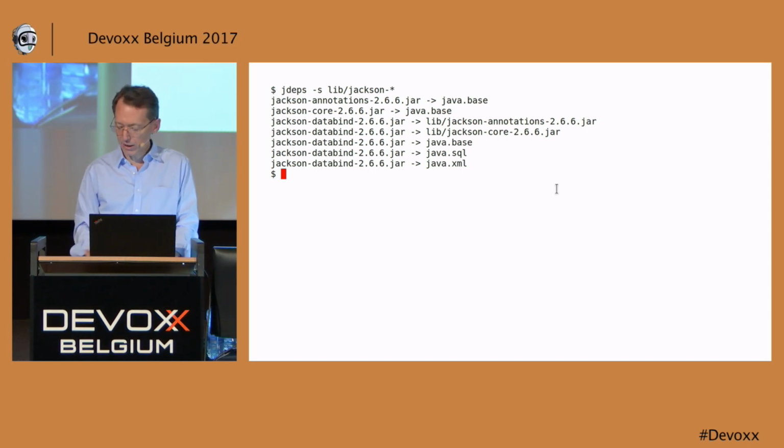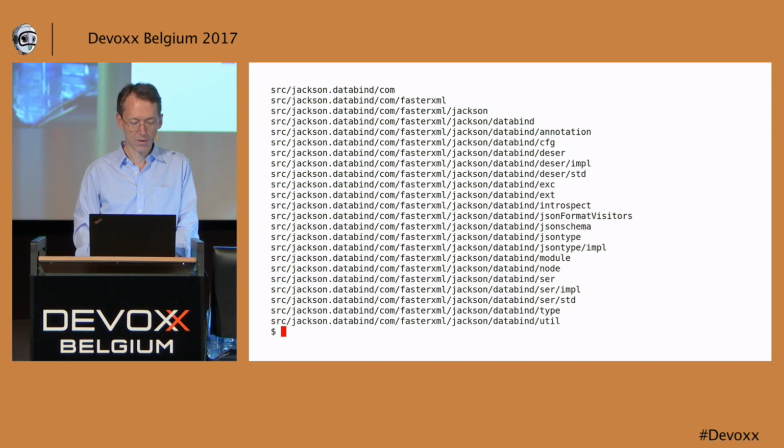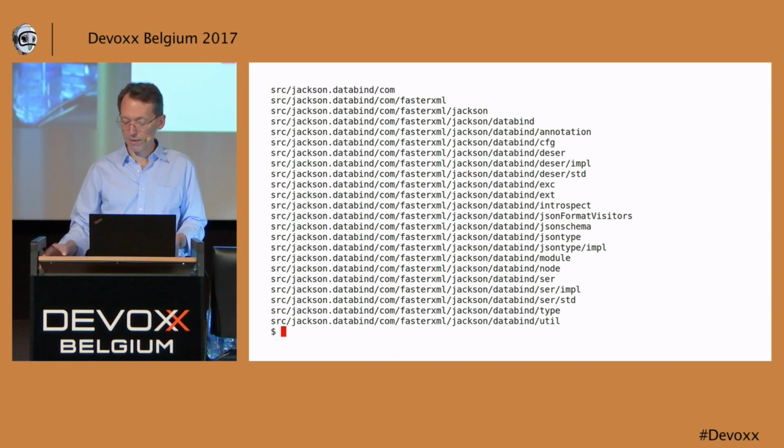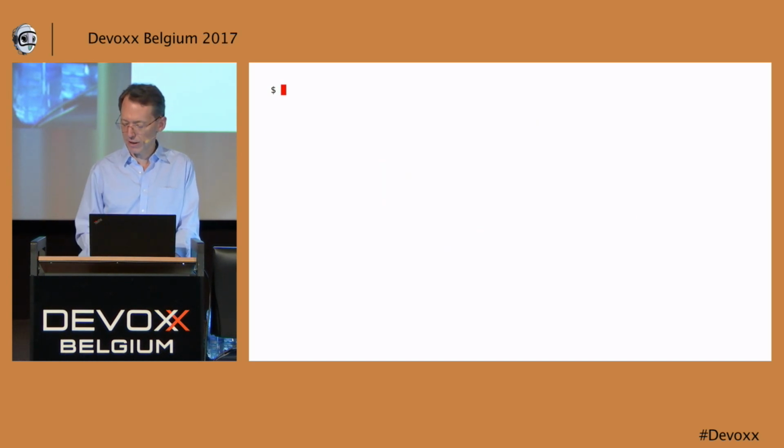So another thing I could do is look at the directory structure of each one, and that gives me some information about the packages. But actually, another thing that JDeps can do, JDeps is sort of the Swiss Army knife of tools for analyzing class files with respect to modularity.